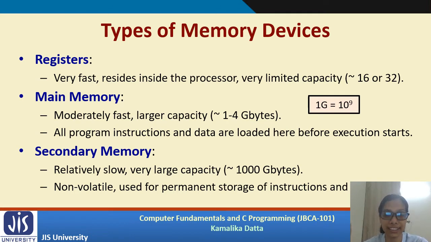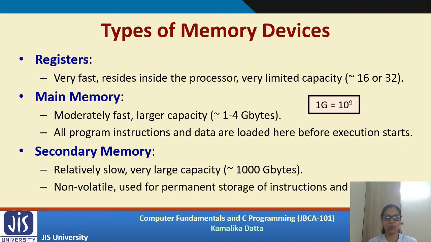So these are registers. What does it store? It stores some bits of data. These are limited in number; you cannot have a huge set of registers in your computer. You have a limited set of registers, and they are very fast. And where they reside, they reside inside the processor.